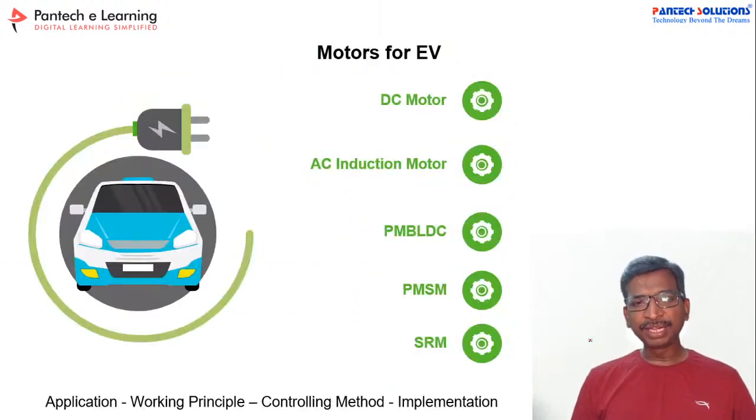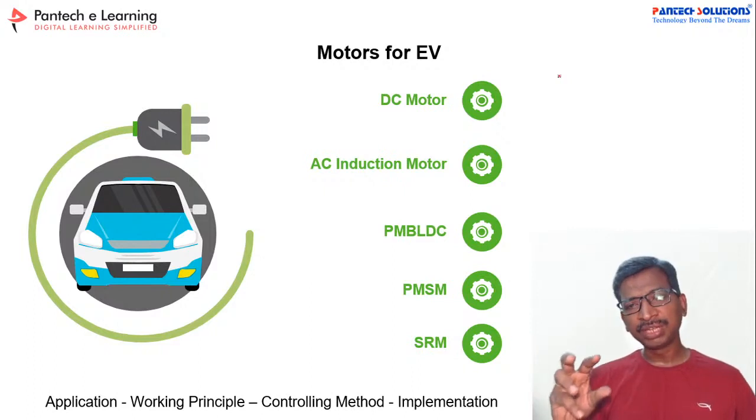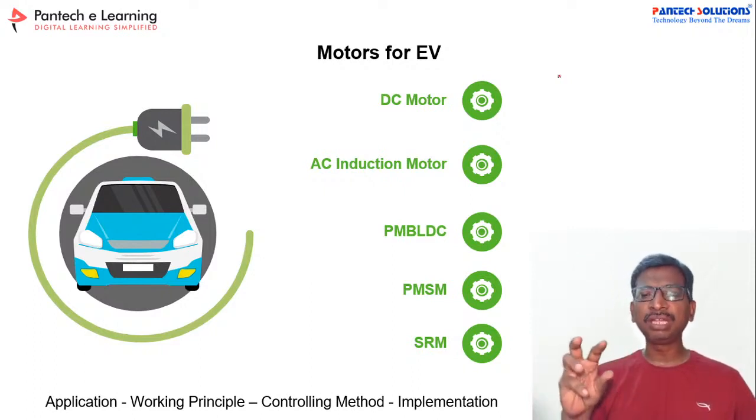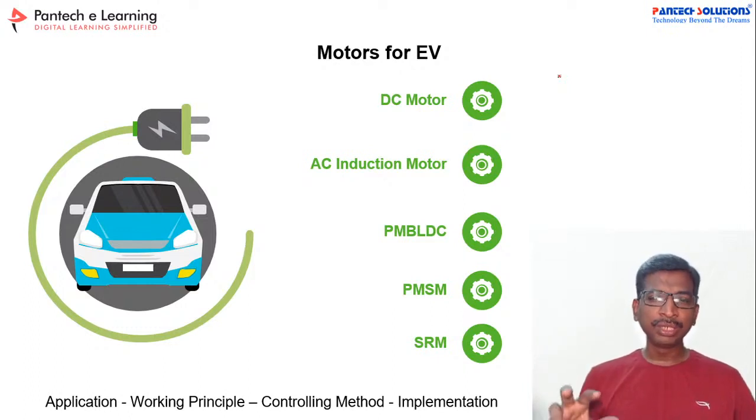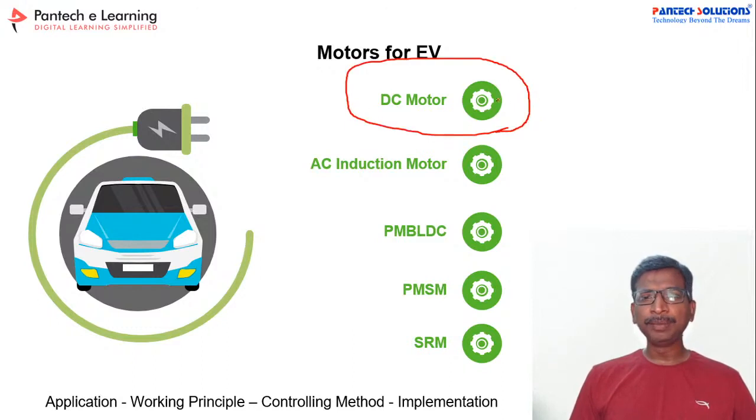For EV vehicles, we can use a DC motor, induction motor, BLDC motor, PMSM motor, and SRM motor. Since my vehicle is very low power, with an ultimate weight of 140 kilograms, in that case I am going to choose the DC motor, the PMDC motor.